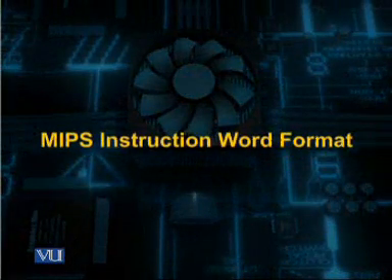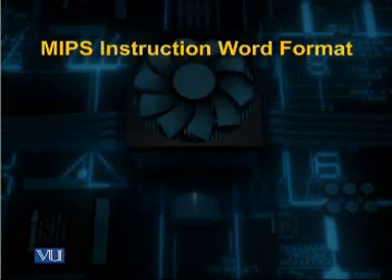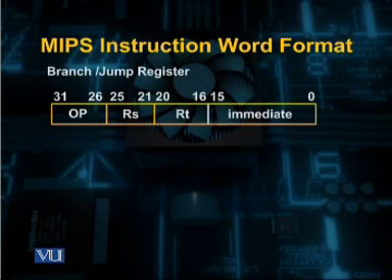So the next type of instruction word which we want to discuss now is the J-type instruction word. As you can see from here, this J-type or jump instruction word is again an instruction word which has 4 fields, and this is identical to the immediate instruction word format.